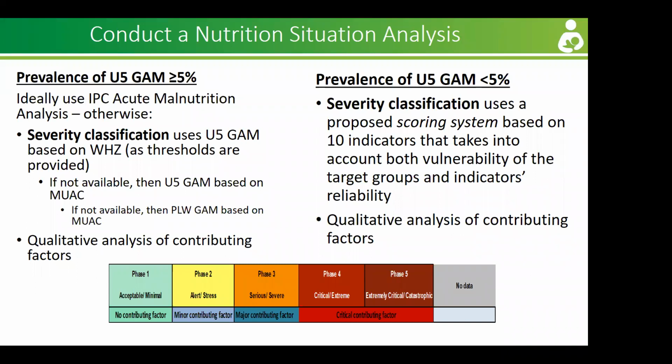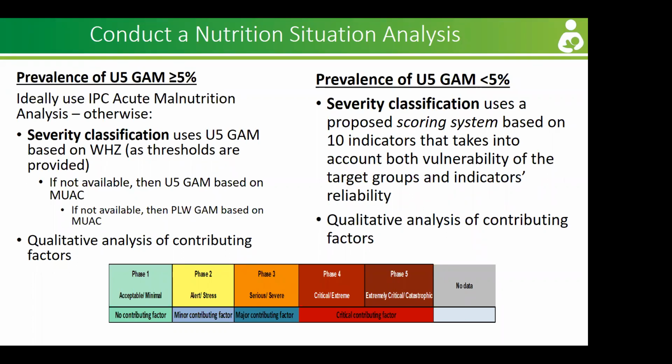The second tier includes anemia for pregnant women and the percentage of children 0 to 5 months and 6 to 11 months that are not breastfed who have access to BMS supplies and support.